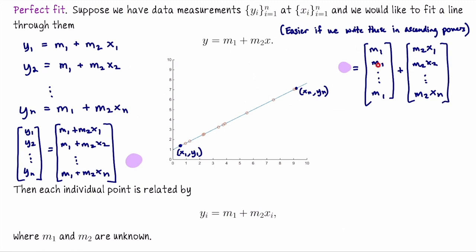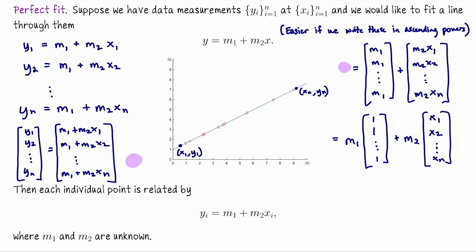You can pull these scalars m1 and m2, these numbers, out in front of the vectors and think of this as the number m1, that's the y-intercept of the line that we're looking at, times the vector of all ones, so 1, 1, all the way through 1, plus the number m2, which is actually the slope of our line, times the vector x1, x2, all the way through xn.